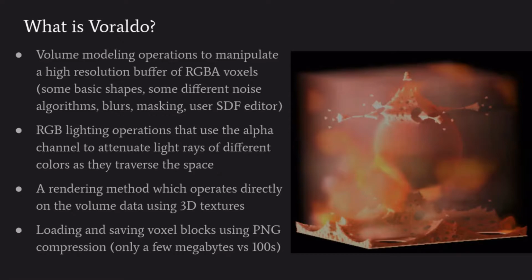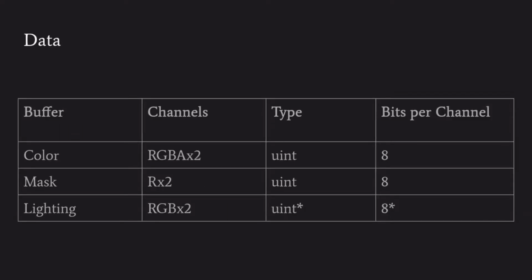So that's a few megabytes, versus something explicit for every voxel would be hundreds of megabytes, and that's what it is in GPU memory. So altogether, with 512 resolution blocks, you're looking at a couple gigs of GPU usage. It does get pretty heavy.